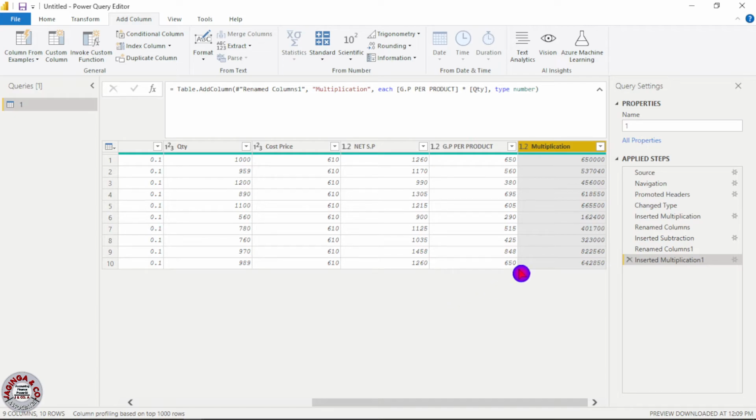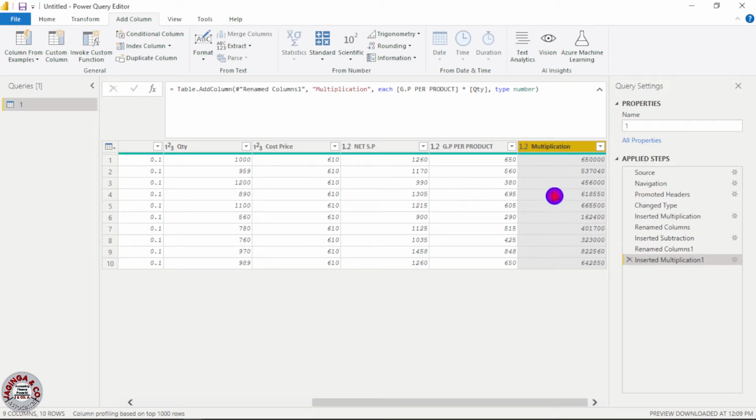The same principle will apply when you want to use add or divide. So let's assume that now this is our total net profit, and you want to know the GP per product. Let's assume we don't have this.